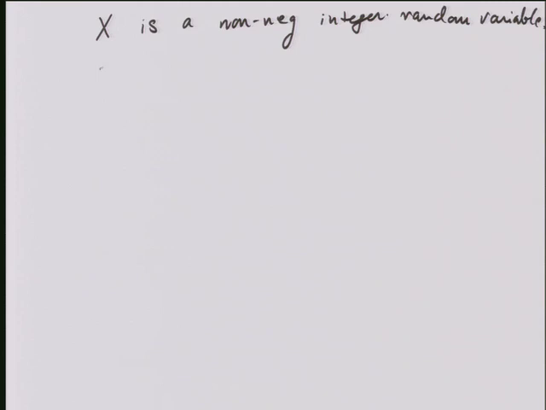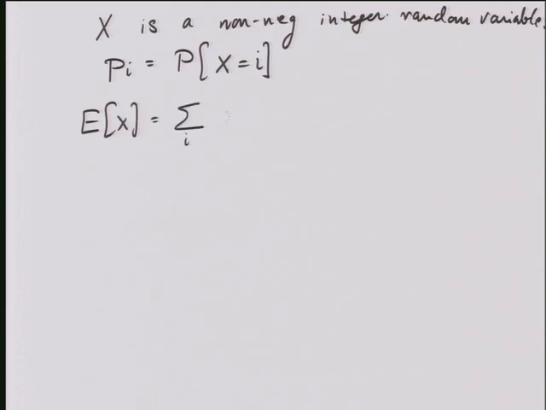Let p sub i be the probability x equals i. Okay? So now, the expected value of x is just the sum over i of i times the probability x equals i. So it's the sum over i of i times p sub i, with i equal to 0 to infinity.